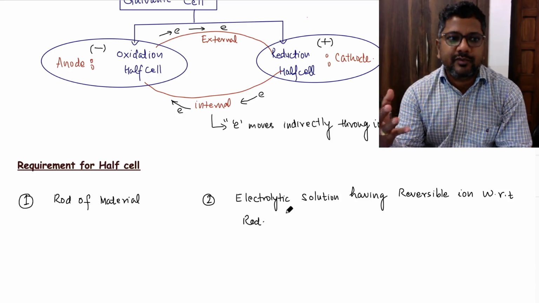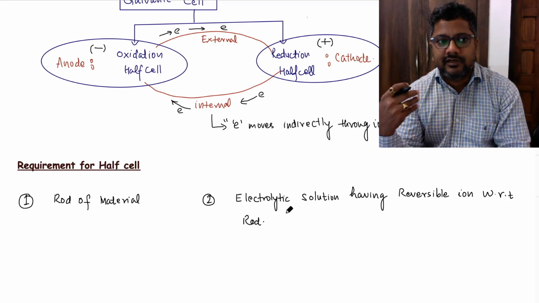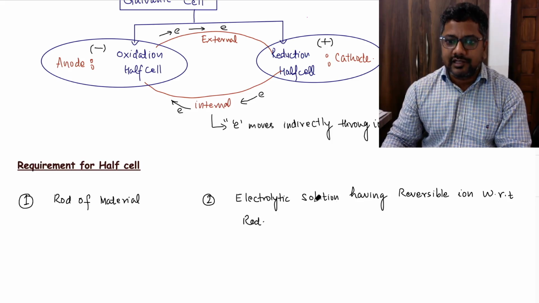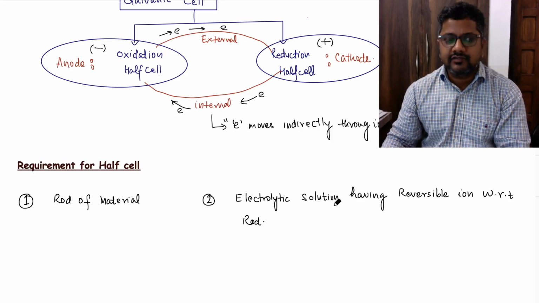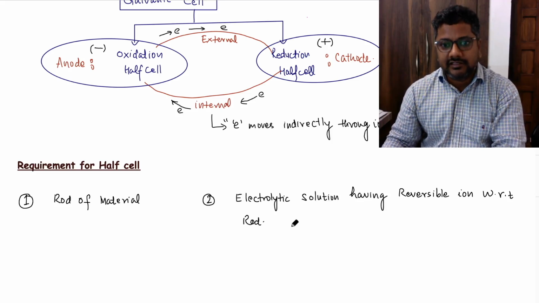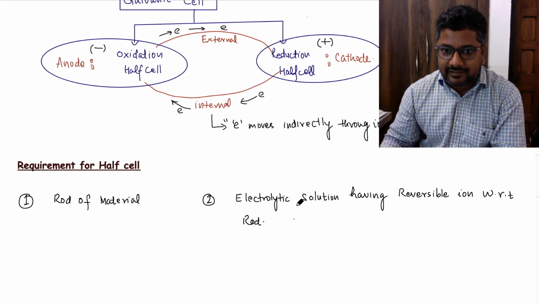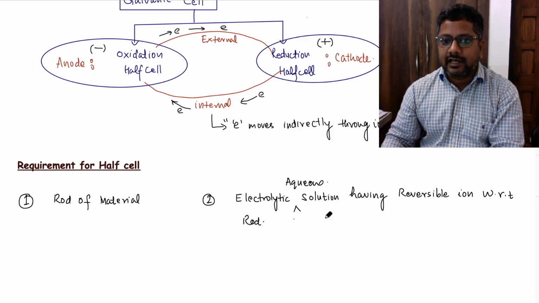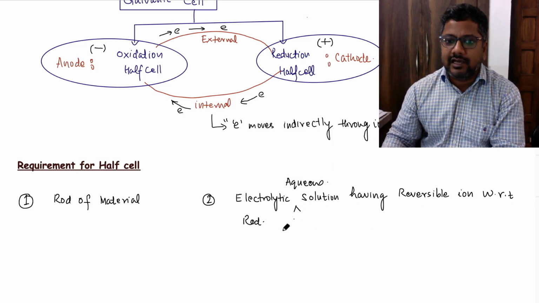If you want to prepare the half cell of copper, then you need a rod of copper. The second one is the electrolytic solution. Where to make this solution, in benzene or in water? Obviously in water. So it is better to add here: electrolytic aqueous solution having reversible ion with respect to the rod.